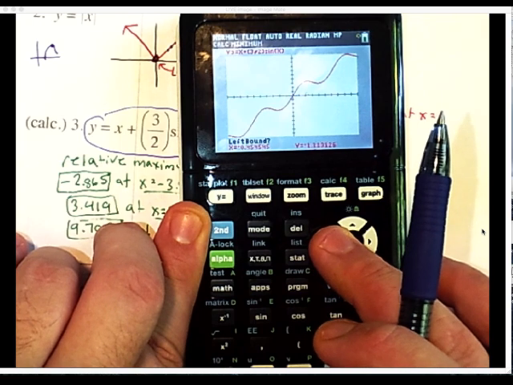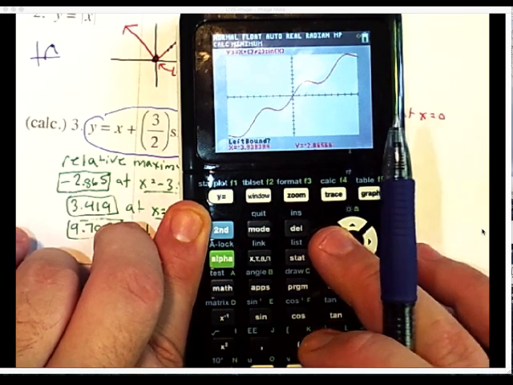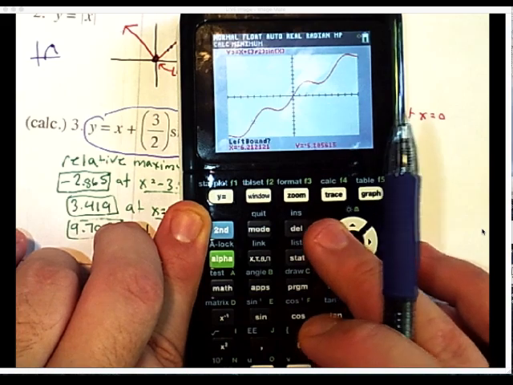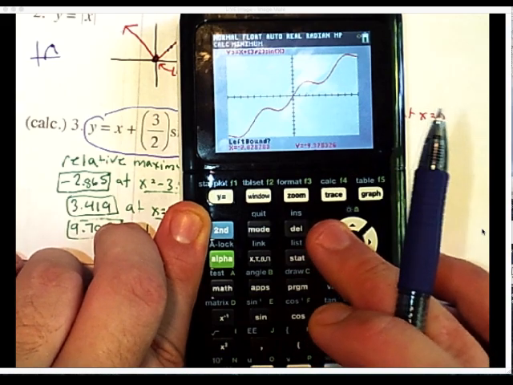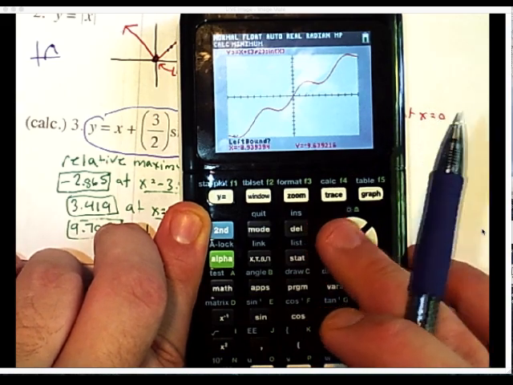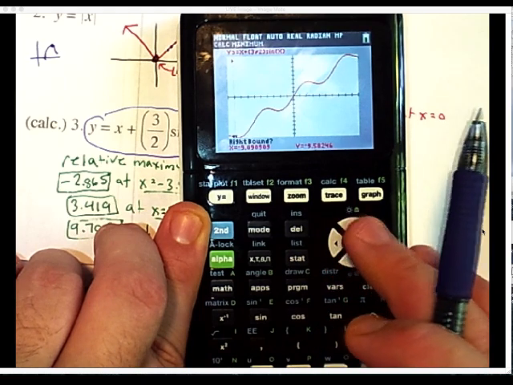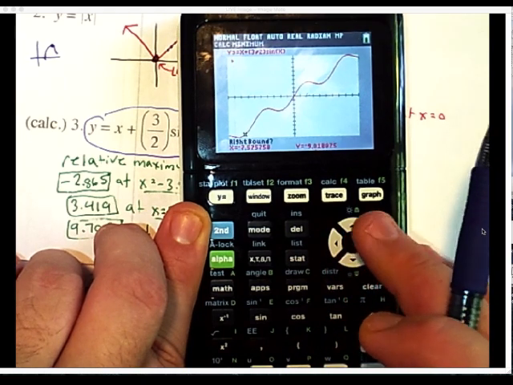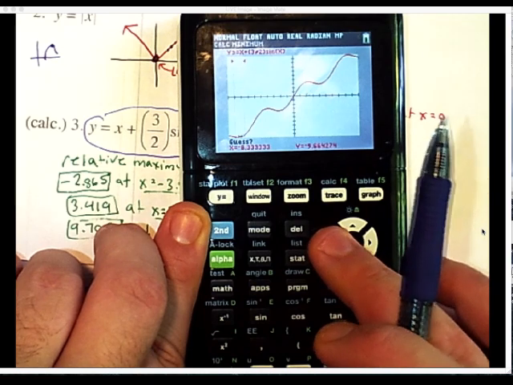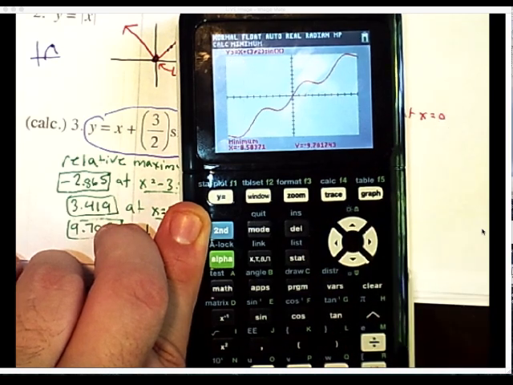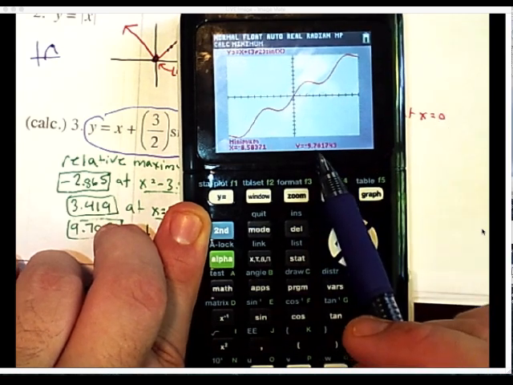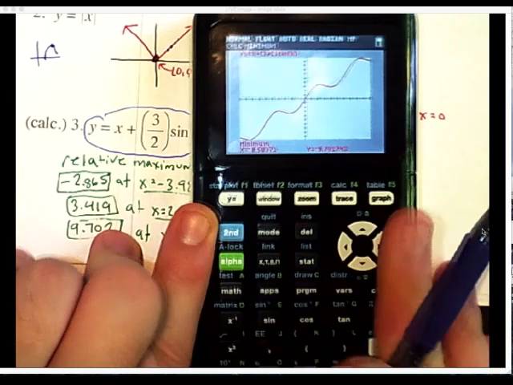You might already know what that is, because at those relative minimums, the derivatives would equal 0. In the same way, calculate the minimum. Left bound, pick a number to the left of the minimum. Right bound, pick a number to the right of the minimum, and guess, pick where you think the minimum is. There we go. That's the first relative minimum.